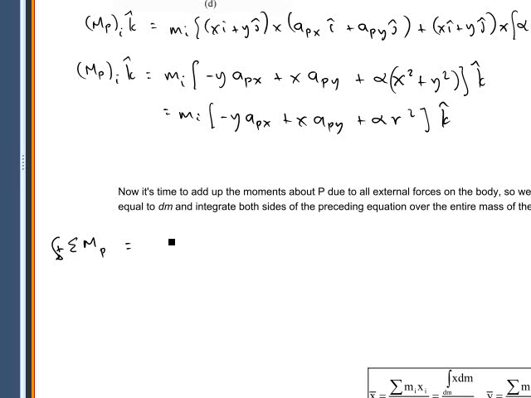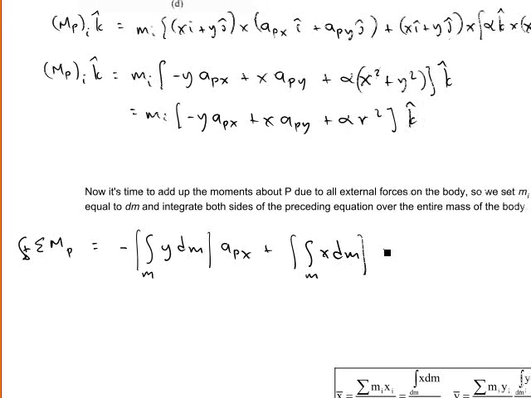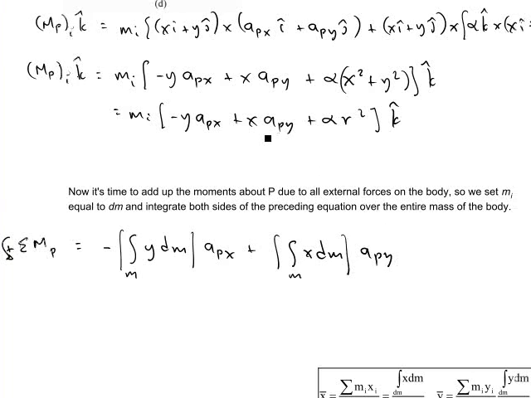If I sum up or integrate all of the mi minus y apx's, I'm going to have minus the integral or summation over the entire mass of y dm multiplied by apx. I'm going to have the integral over the mass of x dm times apy, and that's for the second term.